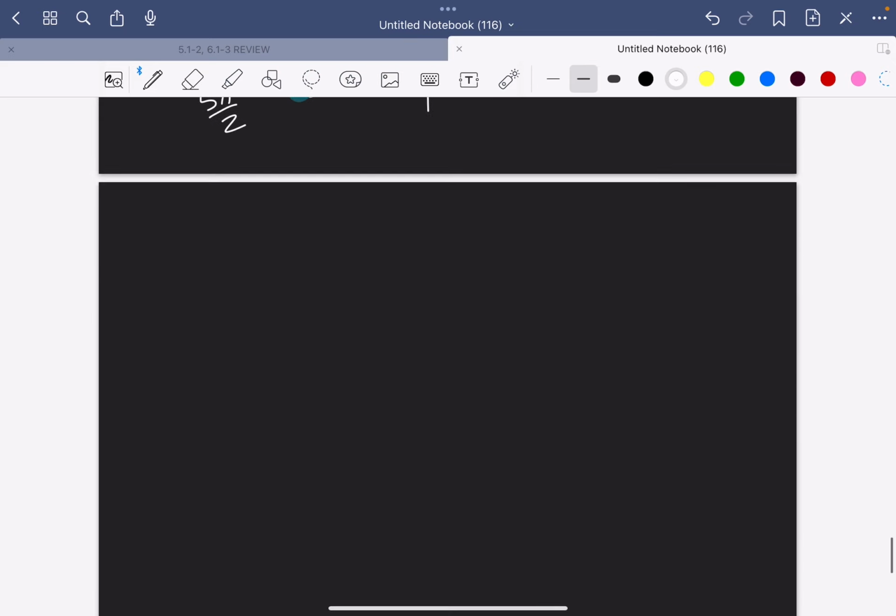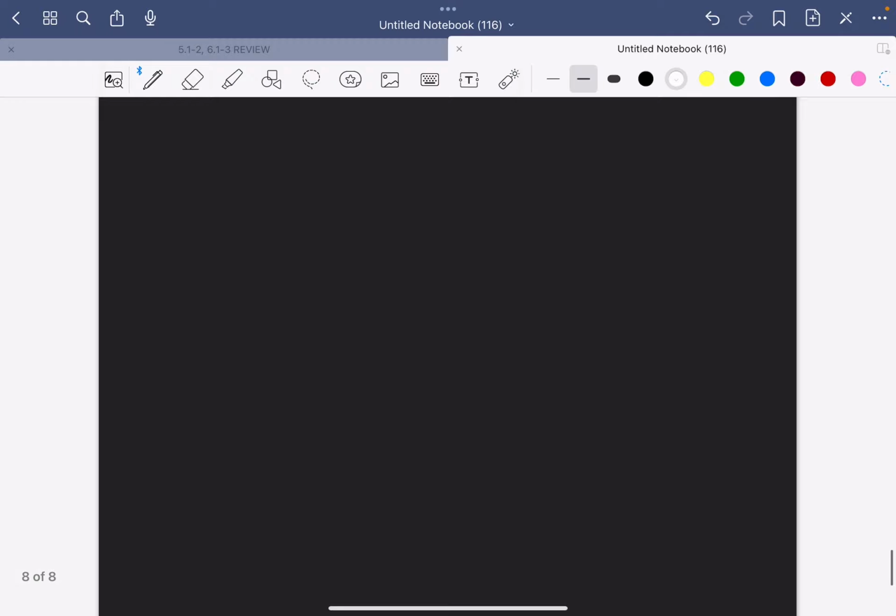Let's take a second and look at 35. So 35 is y is equal to negative 2 sine of x minus pi over 6. So a few things going on here.